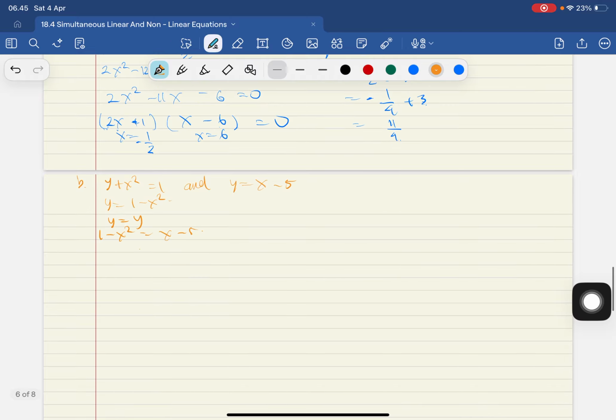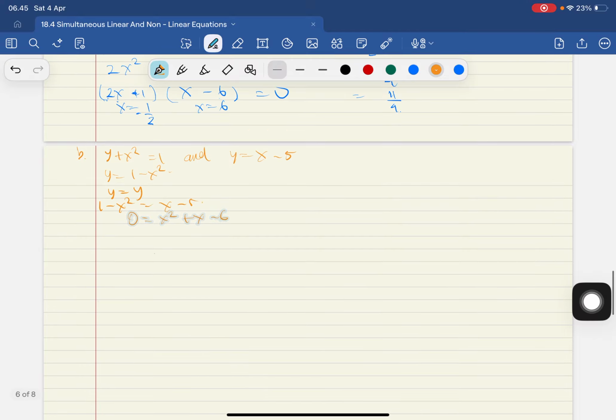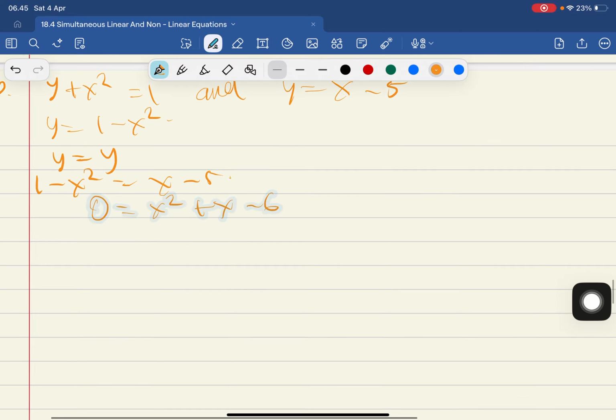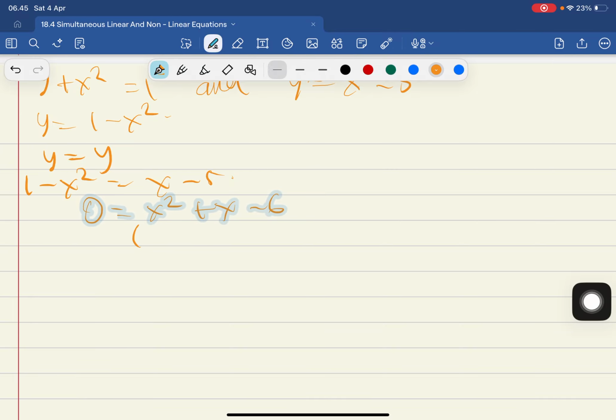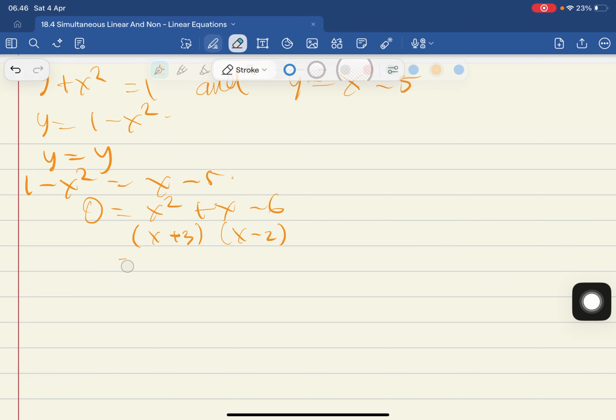We can rearrange it to 0: x squared plus x minus 6. We can factorize it, this is quite easy: x plus 3 and x minus 2. So we get the first, x plus 3 equals 0.